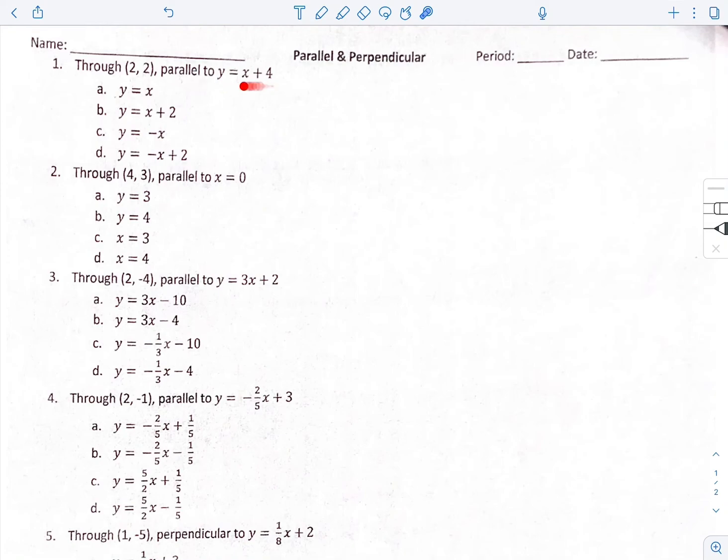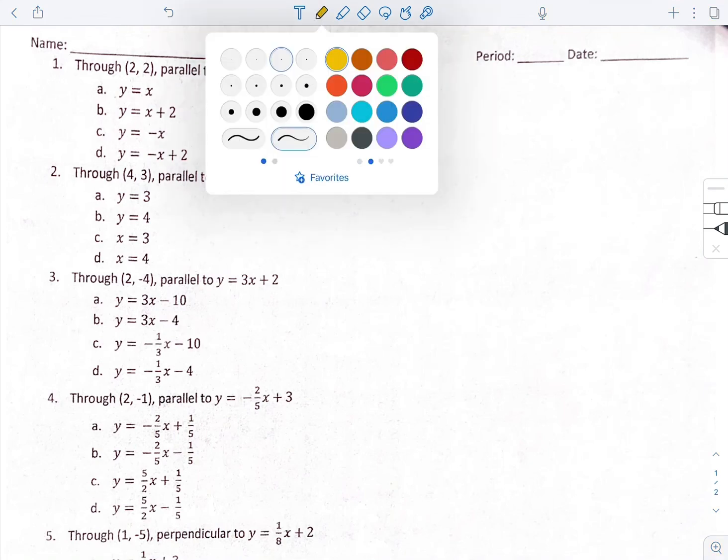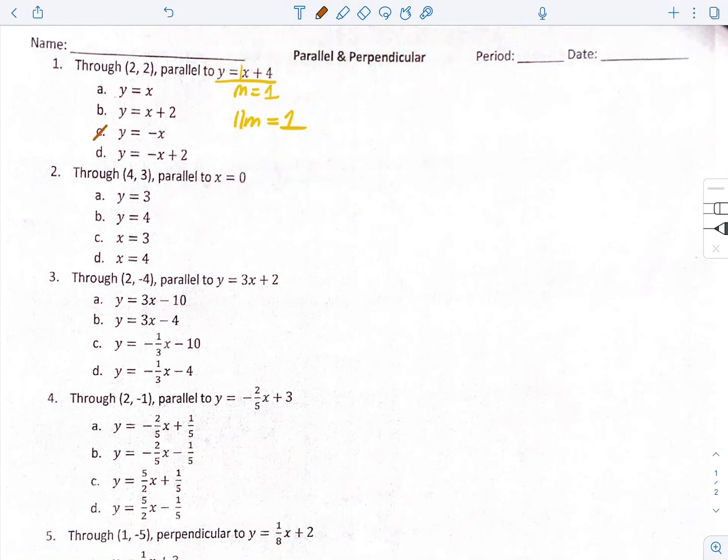So if it's parallel to this equation, it's going to have the same slope as this equation.